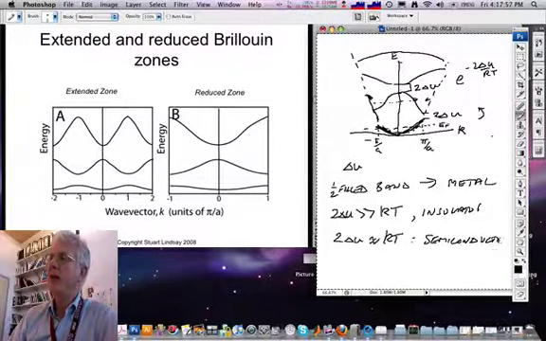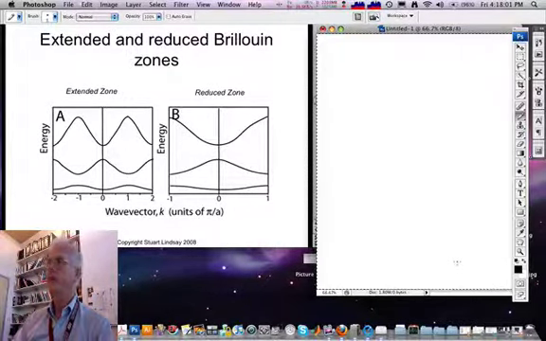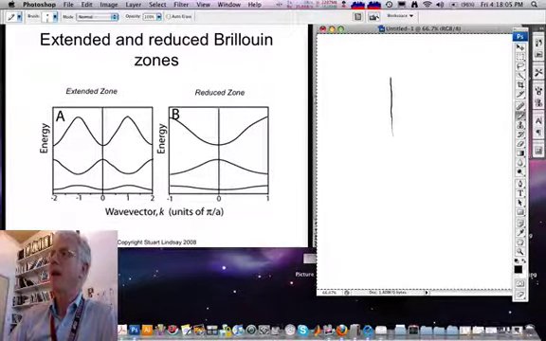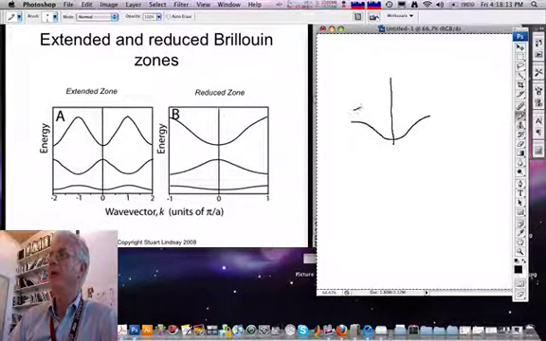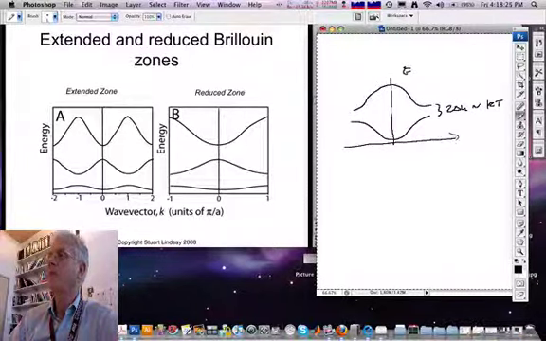Something else interesting happens in this case also. Let's consider then what happens when we have this band full, let's say, and this band here essentially empty, and 2ΔU being on the order of kT.